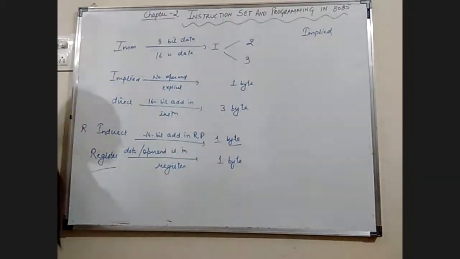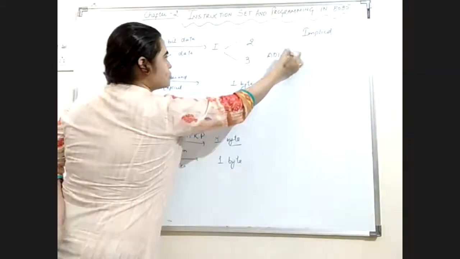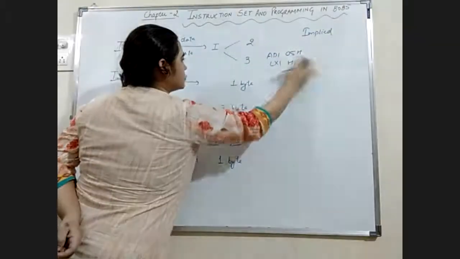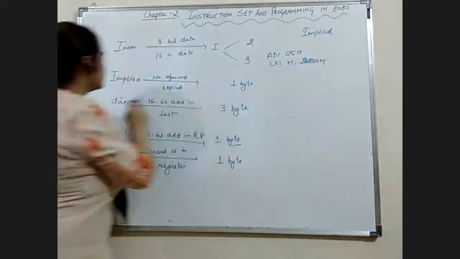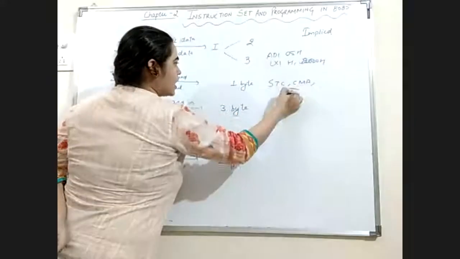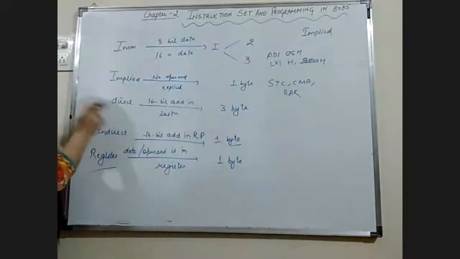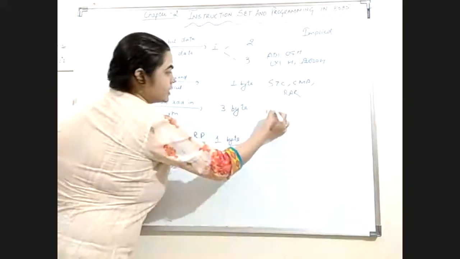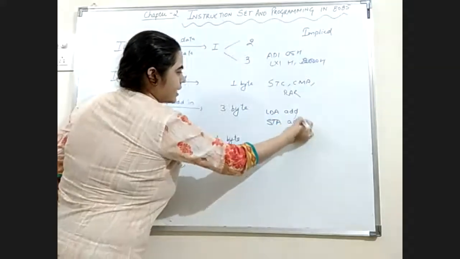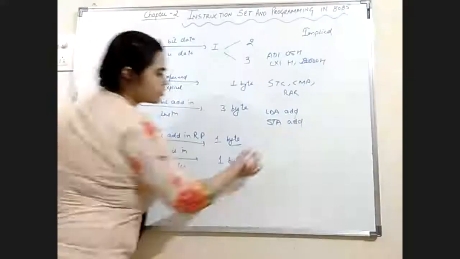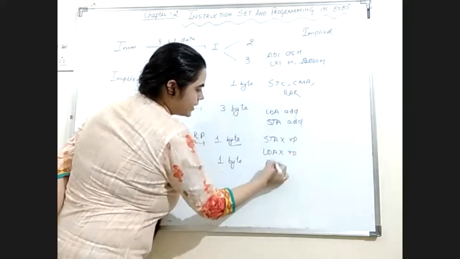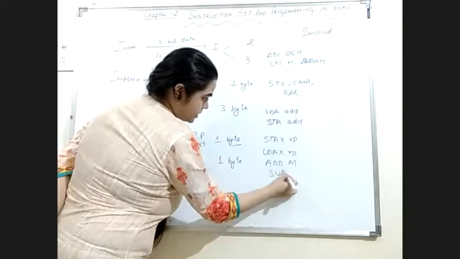So what is the example of immediate? That is ADI 05H, or we can say LXI H, 2000H. Okay, what is the example of implied? That is STC, CMA, RAR, etc. What is direct addressing mode? LDA, here the address, STA address. Okay, indirect addressing mode: STAX Rp, LDAX Rp, ADD M, SUB M, like this.